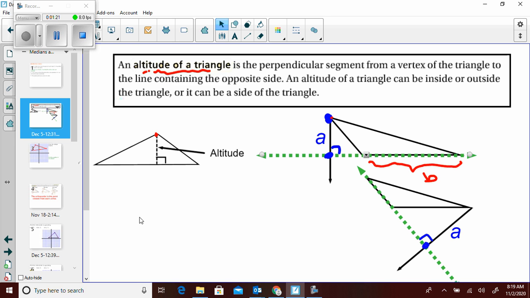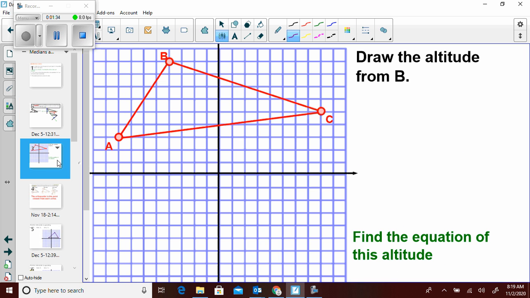So if we think about this, in my mind, what am I going to need? I'm going to need the slope of the opposite side. So let's do that here. We're going to draw the altitude from B. In order to draw the altitude from B, I'm going to need the slope of the opposite side, in this case AC.